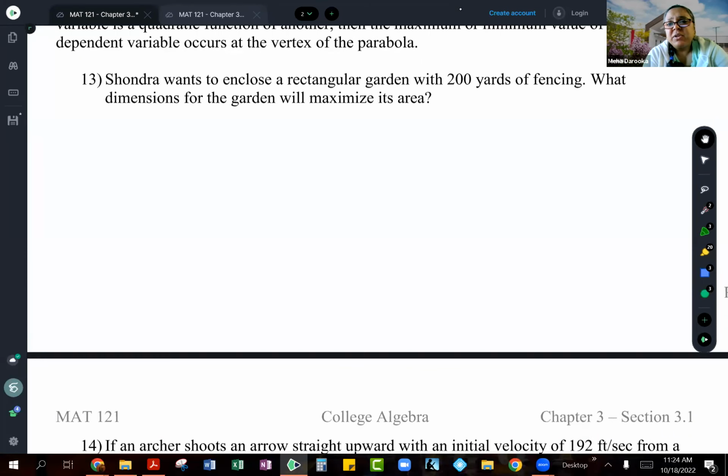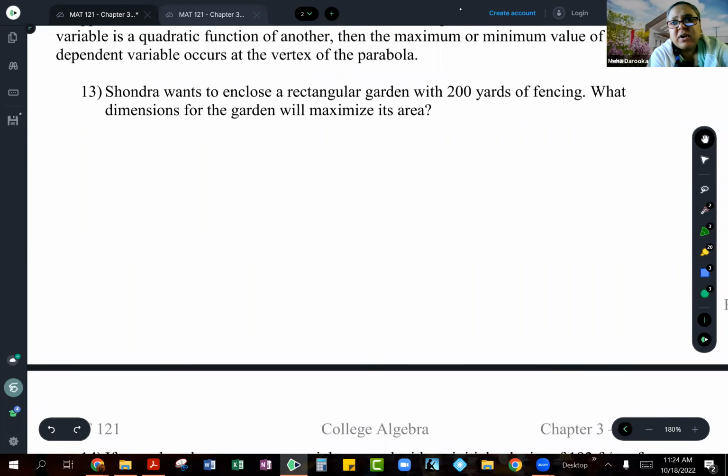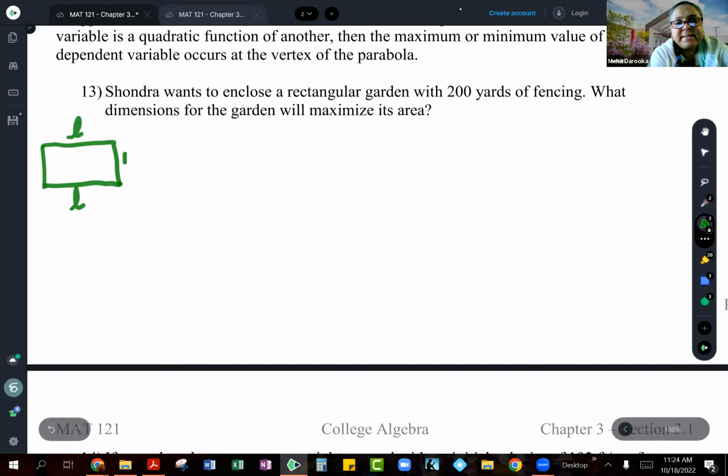What dimensions for the garden will maximize its area? So if we are talking about a rectangular garden, with a rectangle, of course, the two longer sides are what we call the length. The two shorter sides are what we call the width.